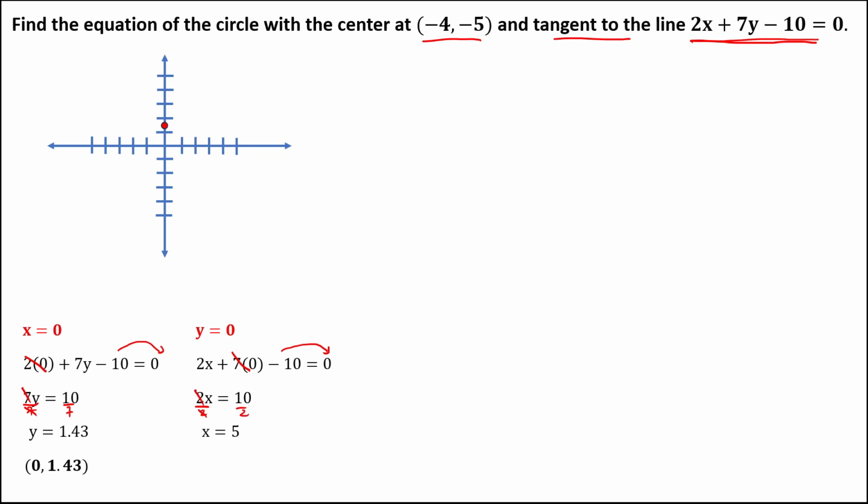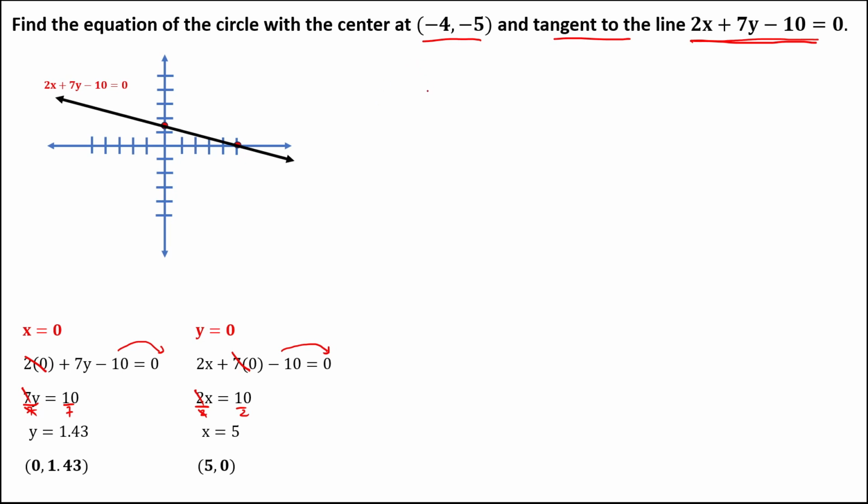So x equals +5. So the coordinate for the x-intercept, x is 5, y is 0. So this is now the coordinate (5, 0). And this is now the graph for the line 2x + 7y - 10 = 0.